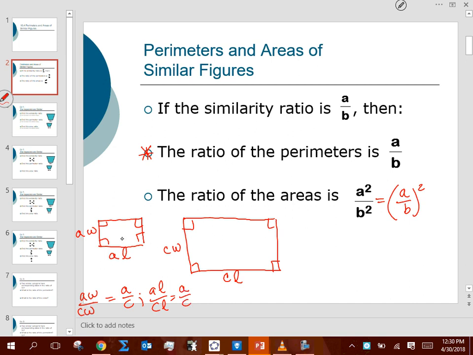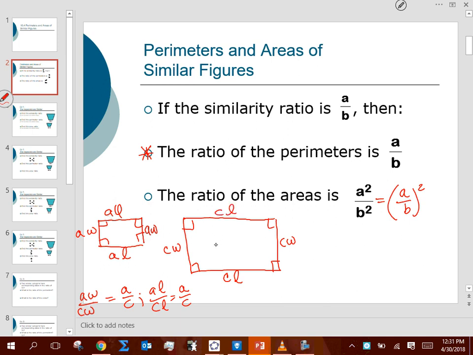All right, so we see the scale factor here is A over C. If I look at the ratios of the perimeters, okay, if we're talking about perimeters, what would this length right here be? Be AW, right? What would this length here be? AL. For the same logic, this would be CW, and this would be CL, right?